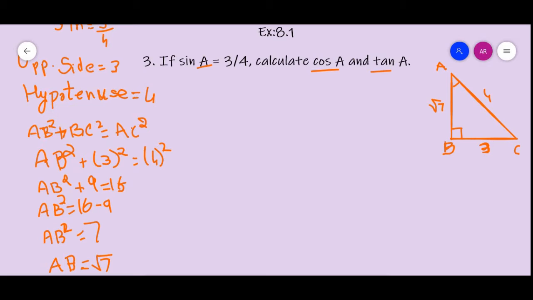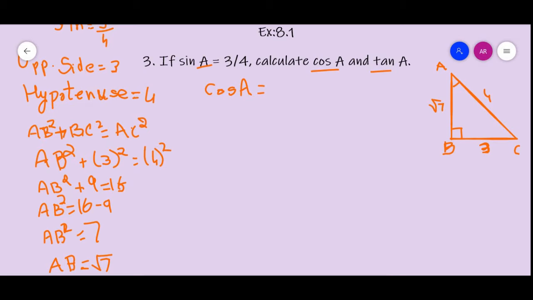So first we have to find the value of cos A. If you remember, what is the value of cos theta? If you remember the code that I have told you, the code is CAH. You might be remembering now. So cos theta will be equal to adjacent side by hypotenuse. So what is the adjacent side for this angle A?